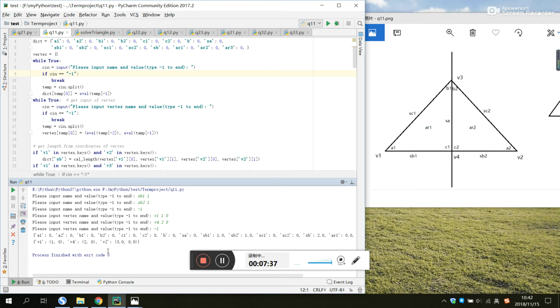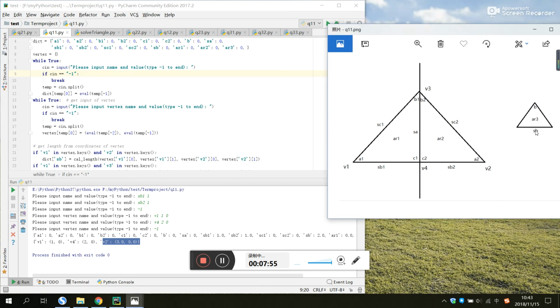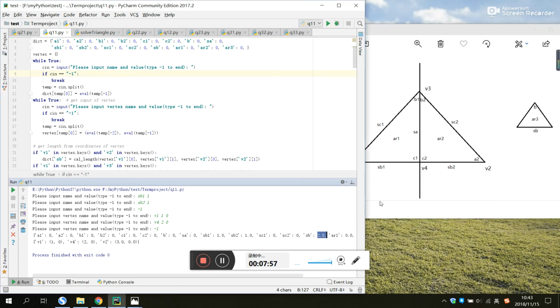Yeah, we input V1 and V4, because we know SB1 and SB2, so we got V2. And because we know SB1 and SB2, we also know SB, let's say. Yeah.